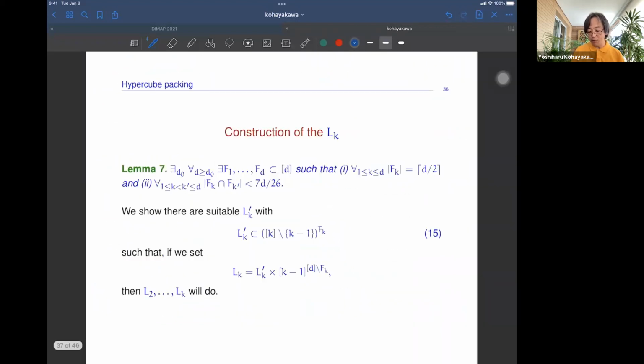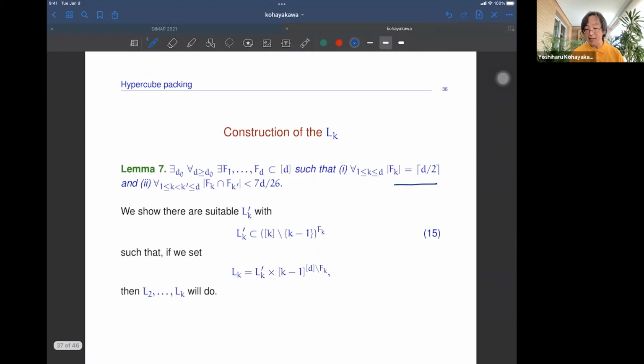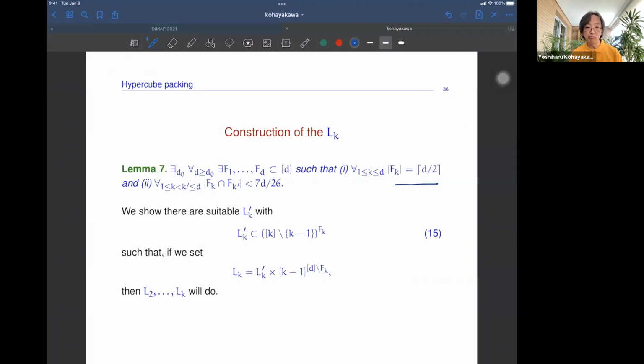And what we do is the following. We first use this lemma 7. This is a simple fact about a family of sets. You produce a family of sets, each set of size d divided by 2, and you require their pairwise intersection to be less than this.